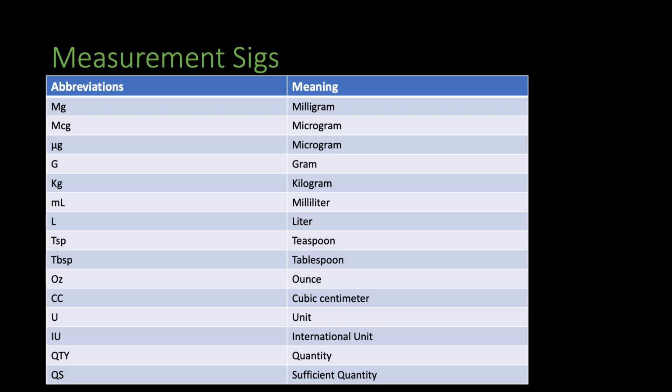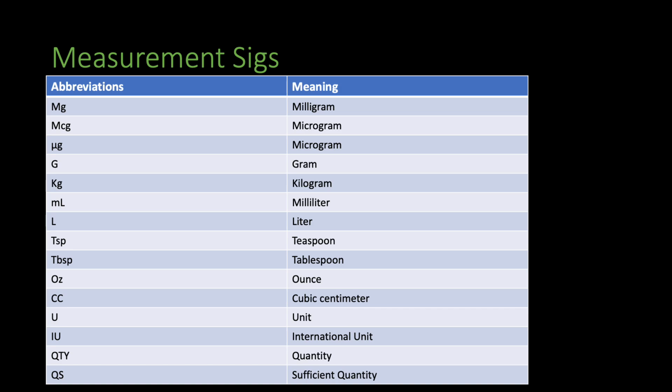The next one here are the measurement SIGs, like milligrams, micrograms. There's two definitions of micrograms here. You've got mcg, and then you've got this symbol, a mu type of symbol, and a G, so that's a microgram as well.